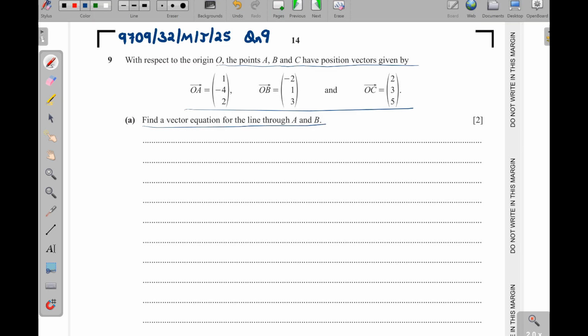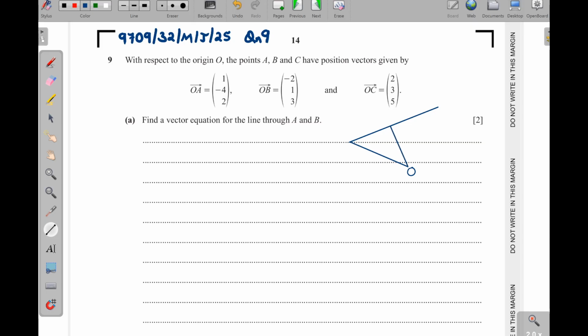Find a vector equation for the line through A and B. I've always shown this one, that suppose this is the road, okay, and this is your home here, your origin, okay, and here you join this road from your home, but then there is somewhere you know that distance, maybe you pass through a shop somewhere, okay, and you pass via a shop and you know that point there, and then you continue with that road. So all the points you pass through the road, let me represent them by R.